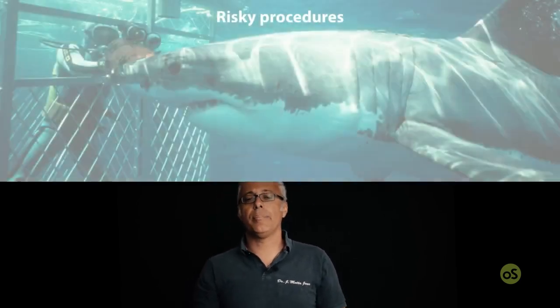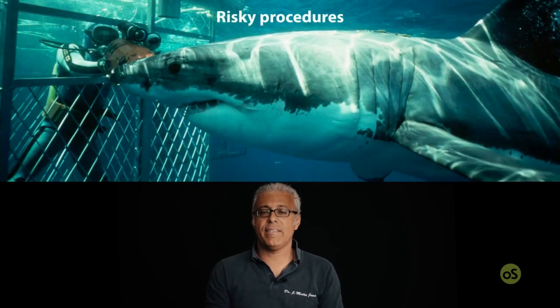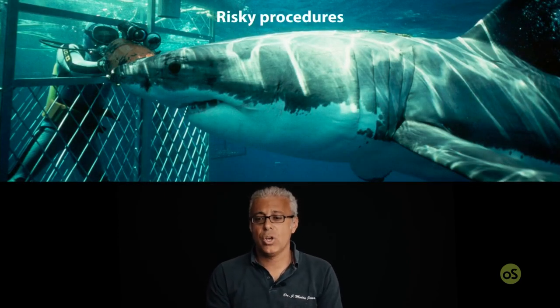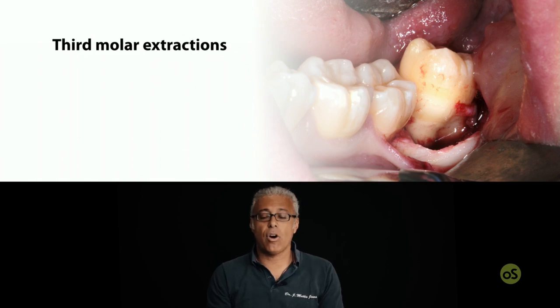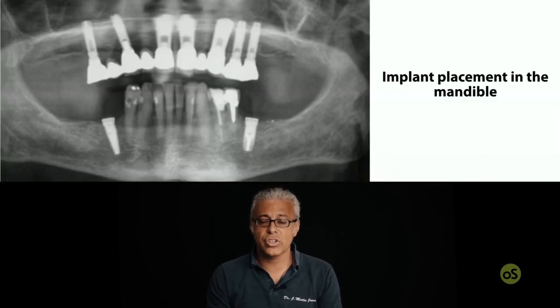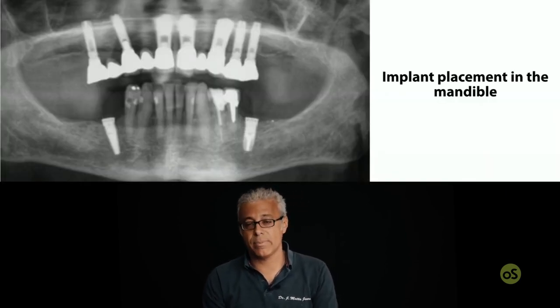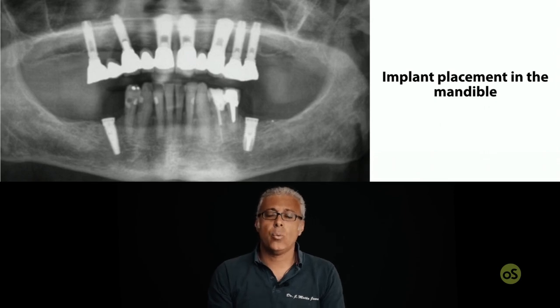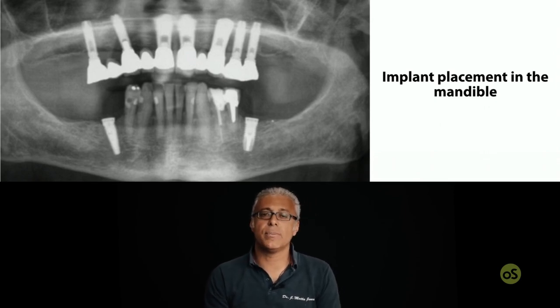So what are the procedures that can give us a high risk of damage? Well, we know that we can have obviously the third molar extraction or the implant placement in the mandible. We're going to focus obviously on the wisdom teeth extraction.